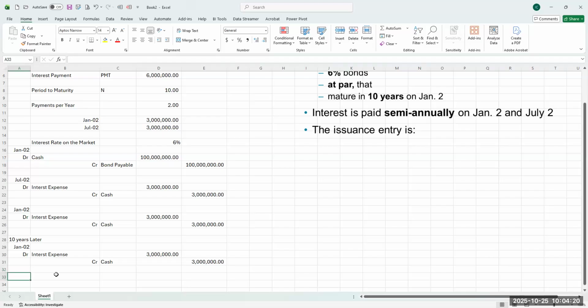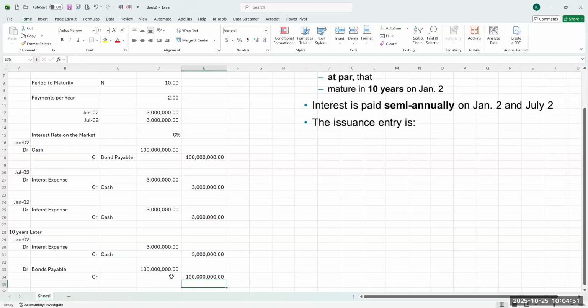Let's pay it. Which account are we going to debit? Bonds payable, $100 million, and we're going to credit cash. And the bonds are gone, correct?